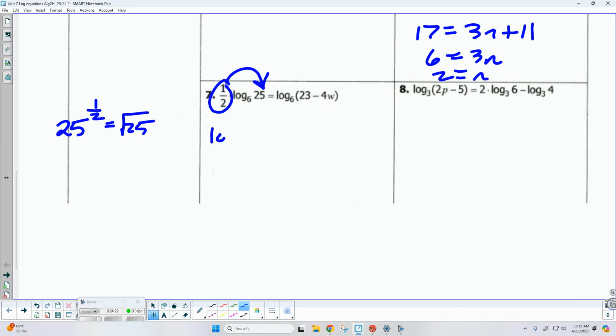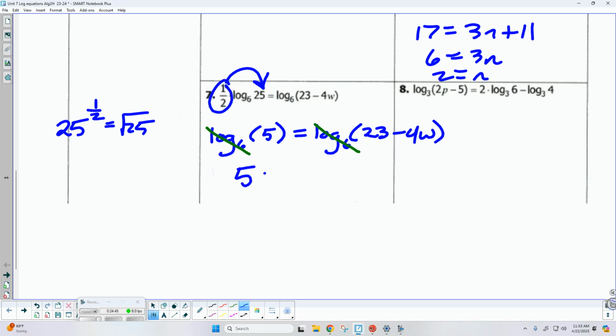So this is going to be log base 6 of the square root of 25, which is 5, equal to the log base 6 of 23 minus 4w. Once it's log equals log, and they have to have the same base, that's what's key, I can just mark these logs out and say that this first argument, 5, equals the second argument, 23 minus 4w. It's as easy as falling off a log.